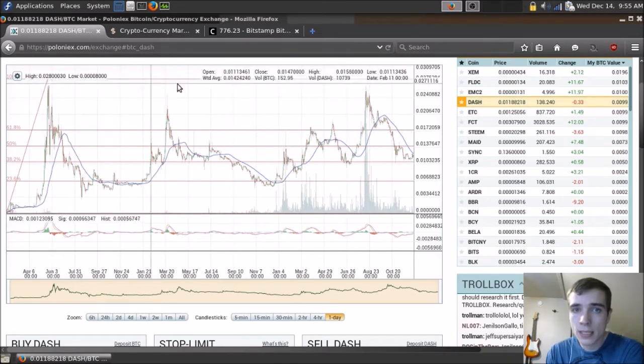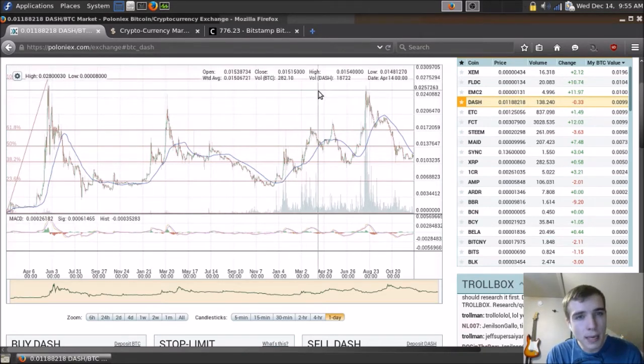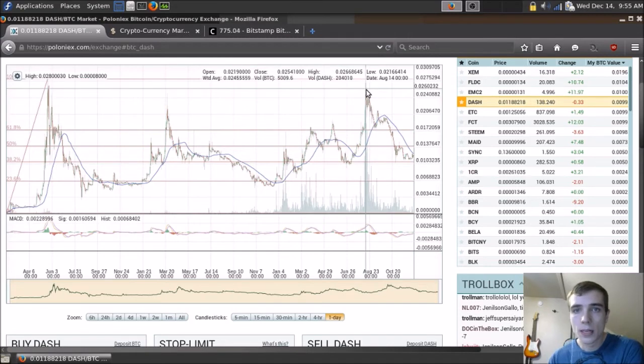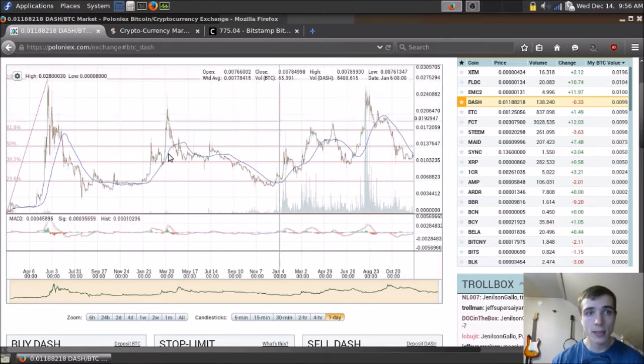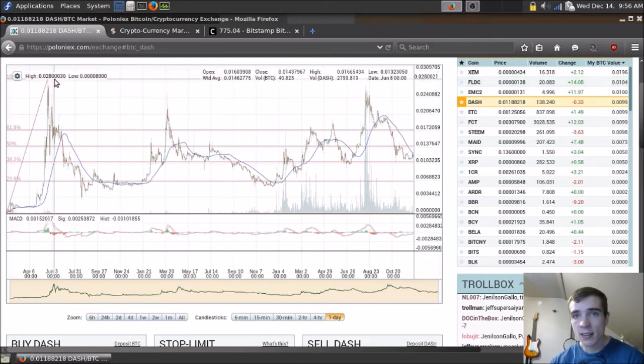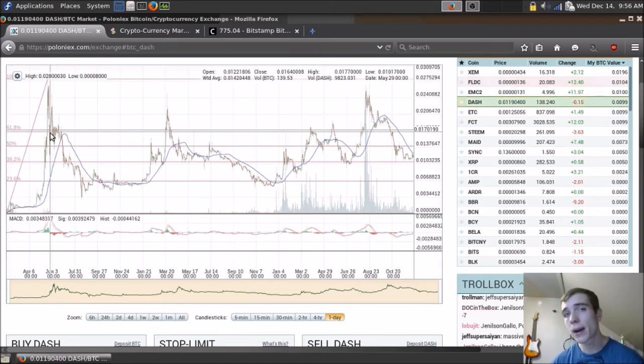Its recent peak that we saw was 0.0254 Bitcoin. And I think we're going to see an all-time high of 0.038. I mean, I can't really say for sure, but it's going to break above 0.03 Bitcoin per Dash.